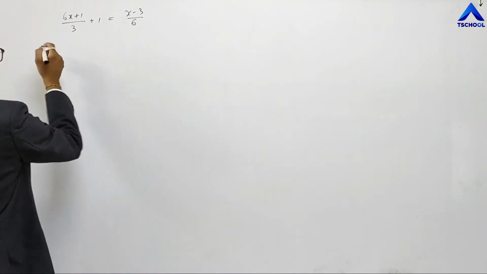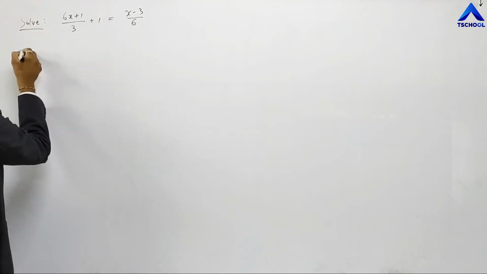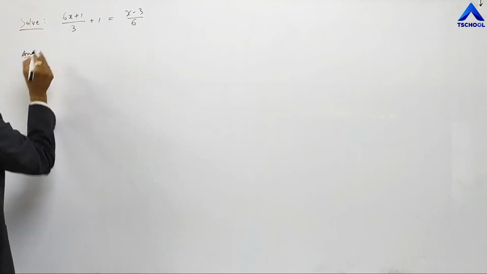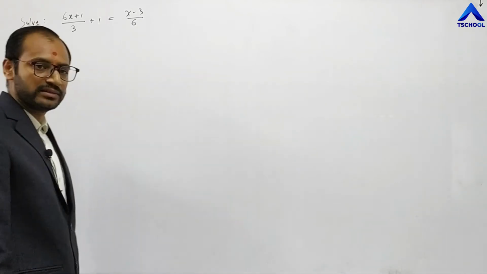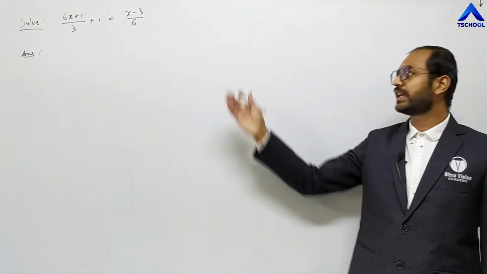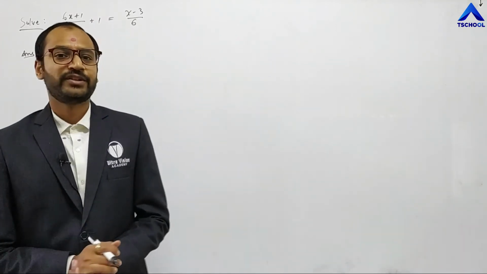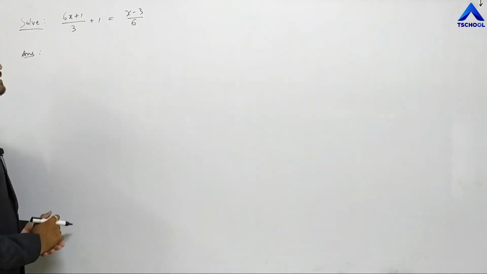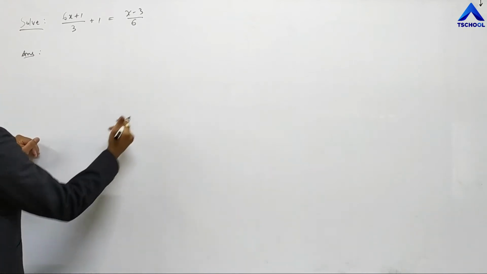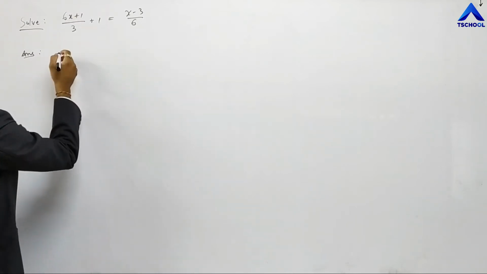How can we simplify that? By multiplying with 6 on both sides, we can remove the denominator. It is so simple to make it in simplified form. So let me multiply by 6 on both sides. What we get here?